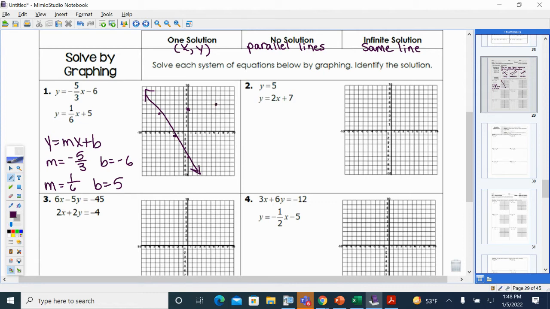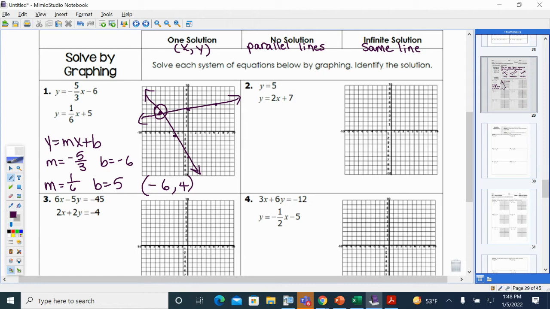Or the opposite of that is down 1, left 6. And there's that point. So here is the point of intersection, which looks like it's at negative 4, 4. No, negative 6, 4. Sorry, negative 6, 4. So the point of intersection is the solution to the system.